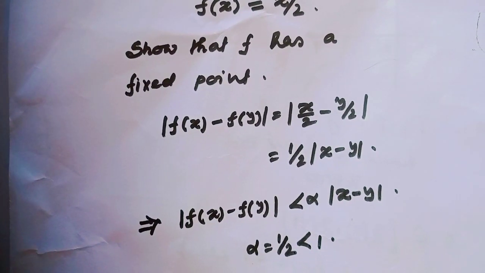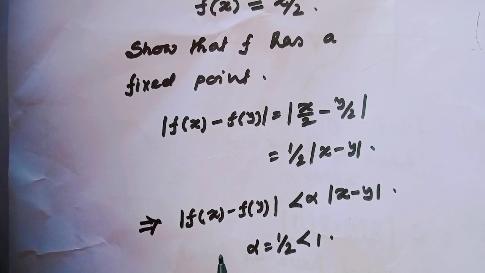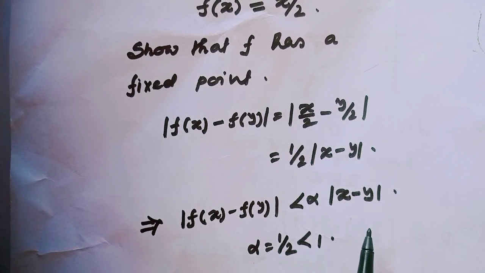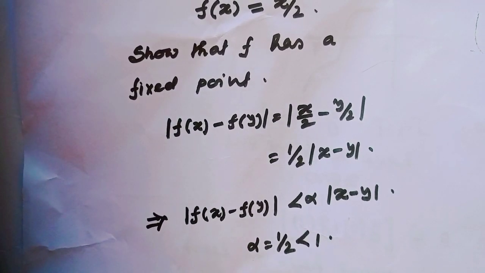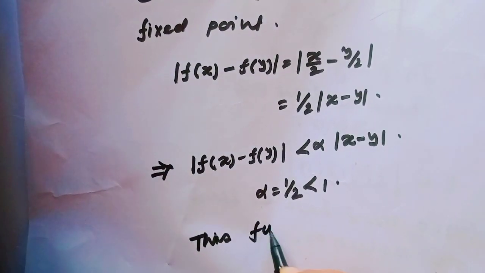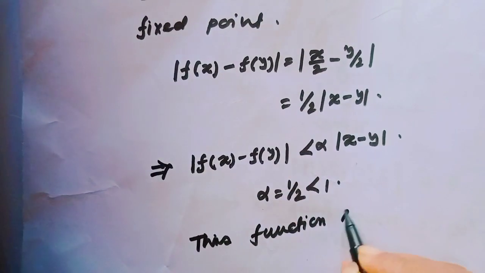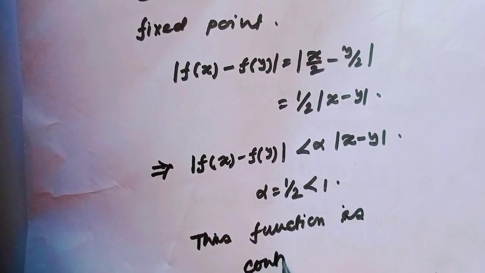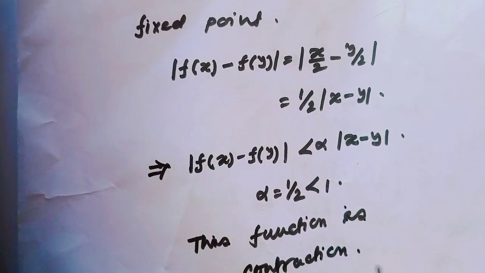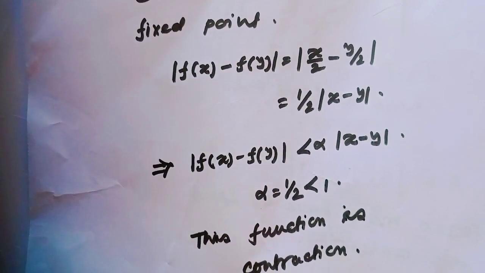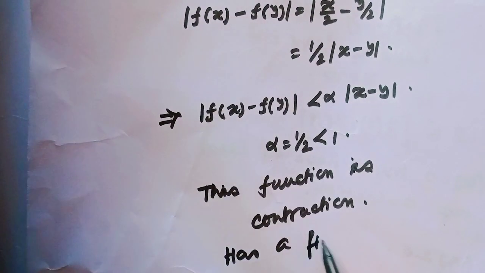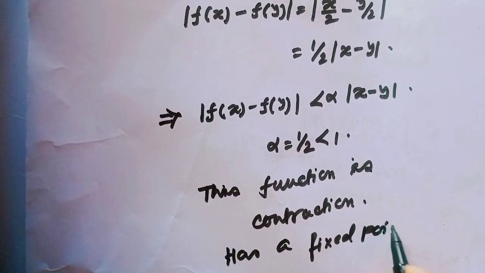So our inequality is satisfied here. Modulus of f(x) minus f(y) is less than alpha times modulus of x minus y. So this function is a contraction mapping. Okay, so the function has a fixed point. Are you getting the question?